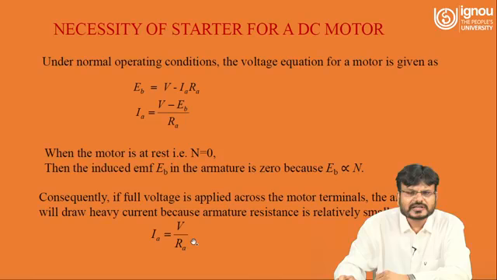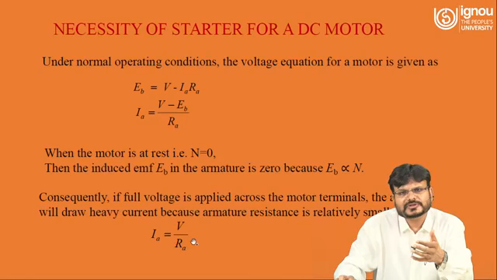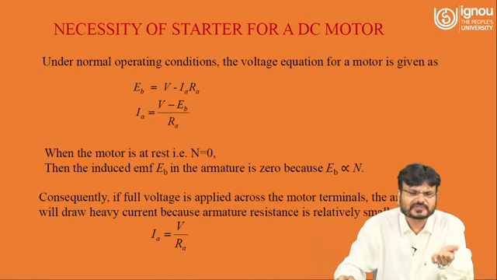As you know, the armature resistance of any motor is very small, nearly 0.05 ohm. Suppose the applied voltage is 230 volts, so 230 divided by 0.05. A huge amount of current will flow when the motor is at rest.